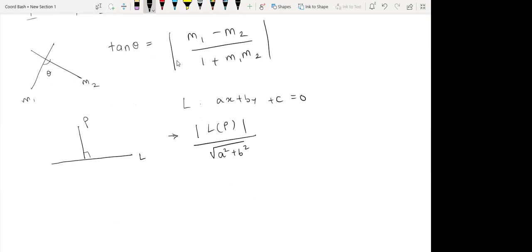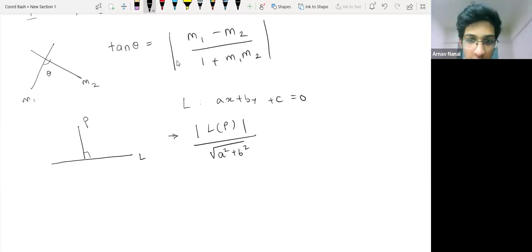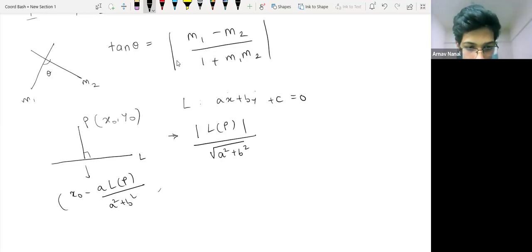If P is (x naught, y naught), you just substitute x naught and y naught here, and get whatever value you have. Then the foot of the altitude is given by x naught minus a times L of P upon a square plus b square, comma, y naught minus b times L of P upon a square plus b square.